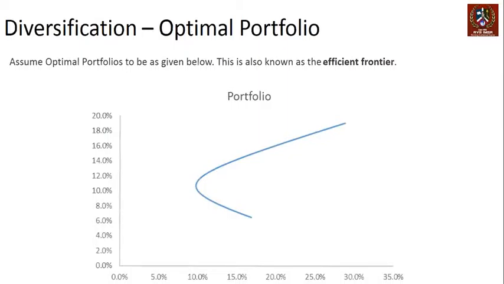Let's again go back to our portfolios, the list of optimal portfolios that was there. And just for argument's sake, let's say we have a portfolio that looks like this. This is not similar to the earlier portfolio that we had, but something that has a certain return and a certain risk. So this is the risk here, in the form of standard deviation of the portfolio.